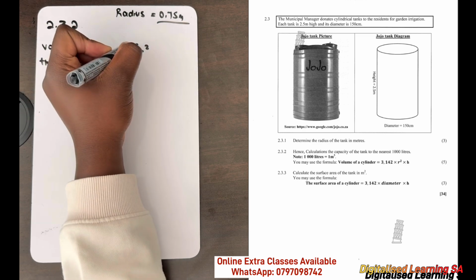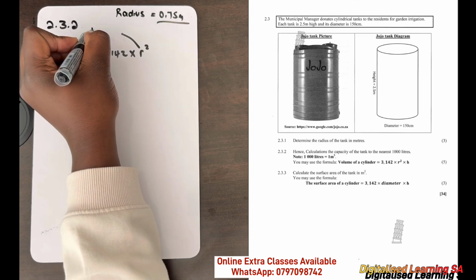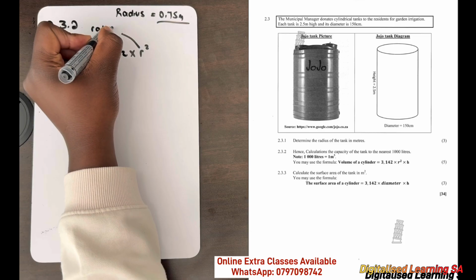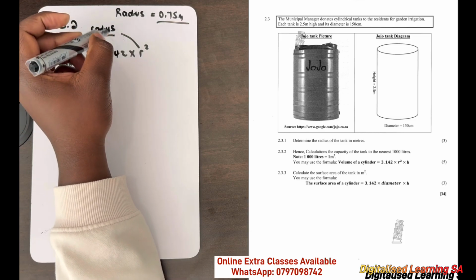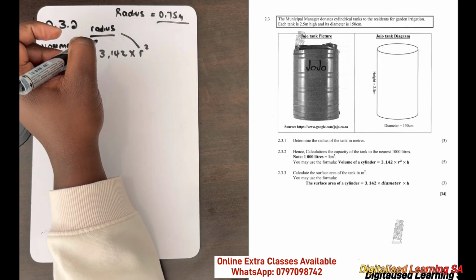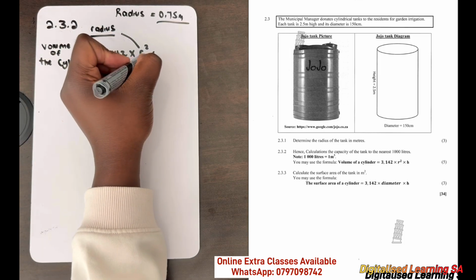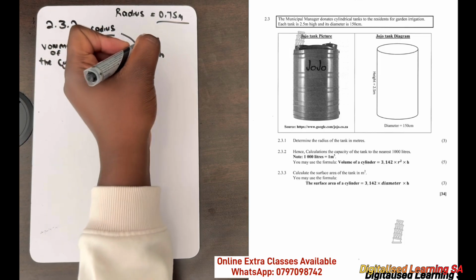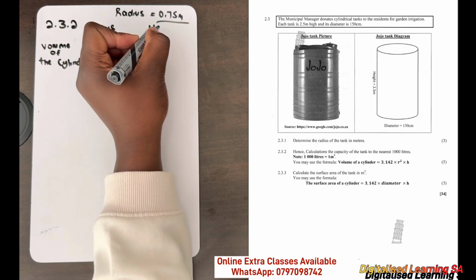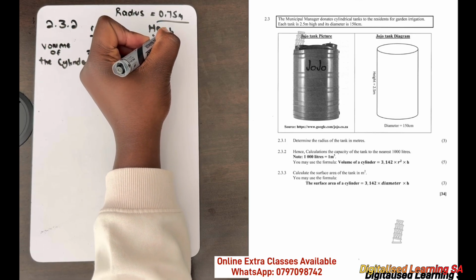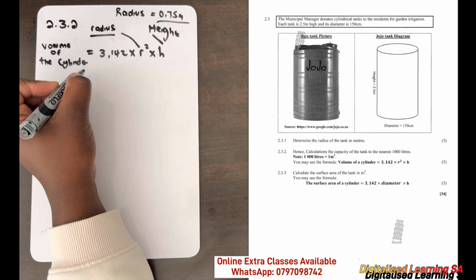The r stands for radius. If you're asked to calculate the volume and in the formula you see r, just know that the r stands for radius, and then the h stands for height.